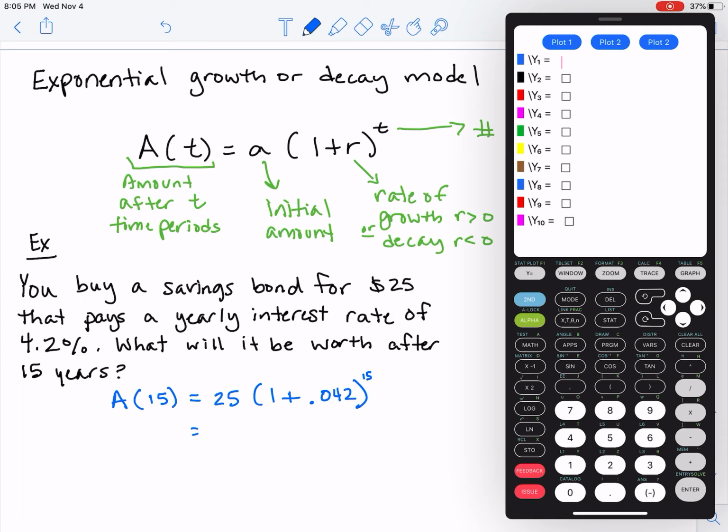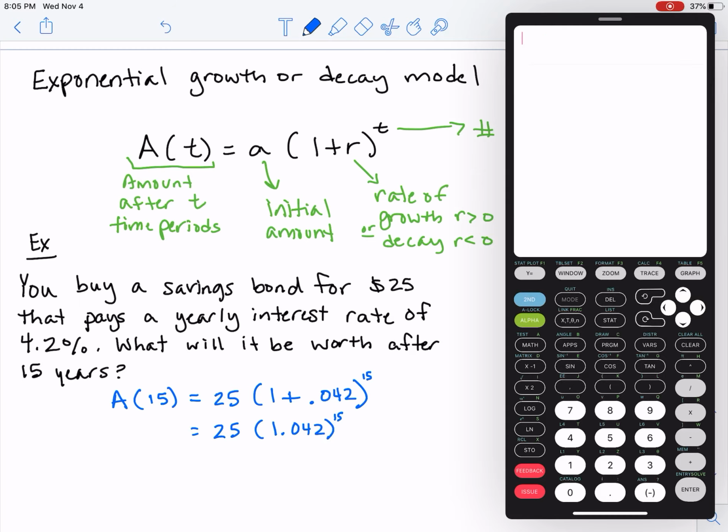Okay, so here's what I got. 25 times 1.042 raised to the 15th. All right, so let's take a look and plug this in. So I'm going to go 25 and 1.042, and I'll arrow out, and that's going to be raised to the 15th power.